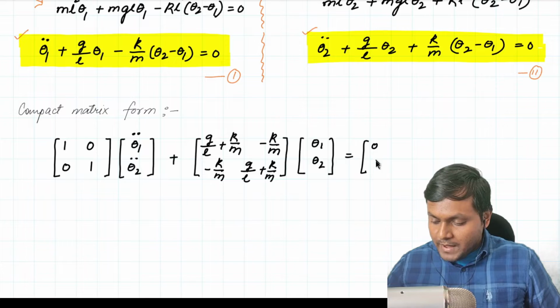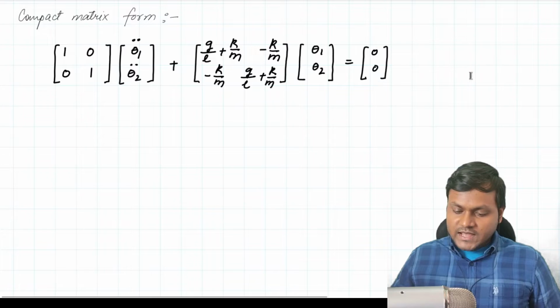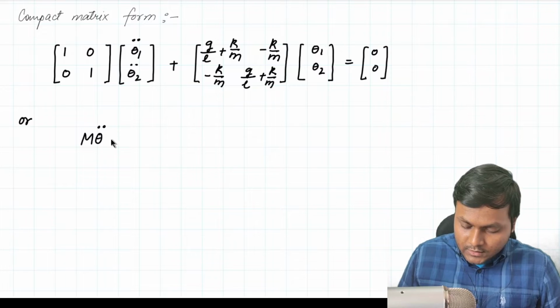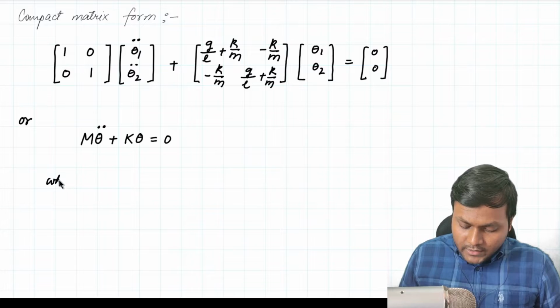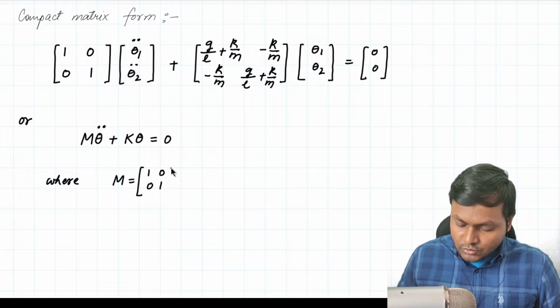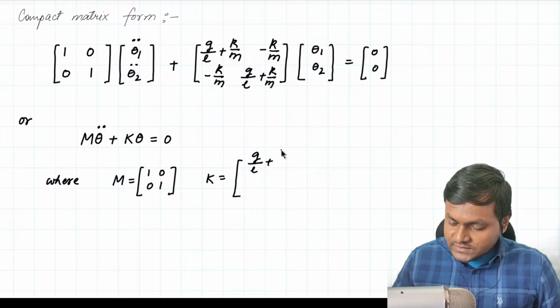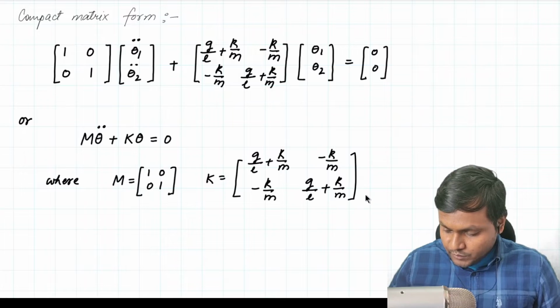in this manner. So I can represent it much more simply by saying that the equations of motion lead to M theta double dot plus K theta is equal to 0, where M is the matrix [1 0; 0 1], K is the matrix [g/L + k/m, -k/m; -k/m, g/L + k/m], right?